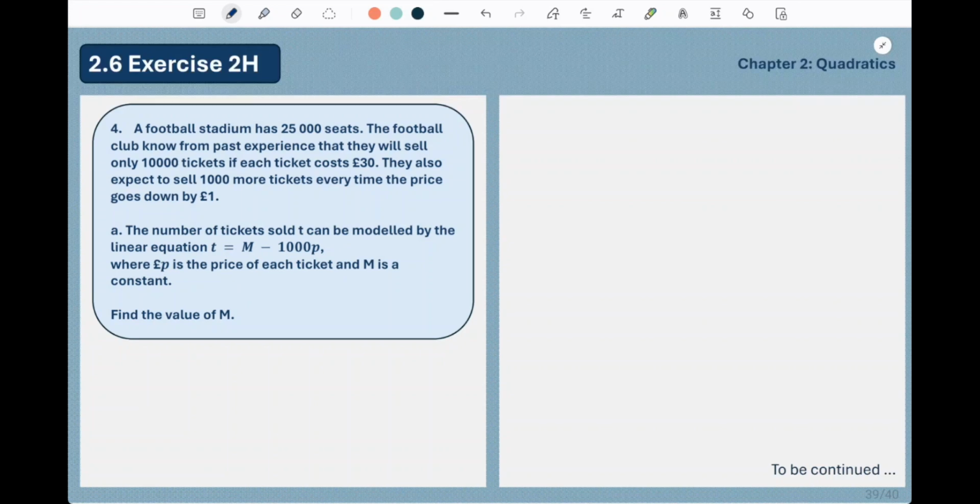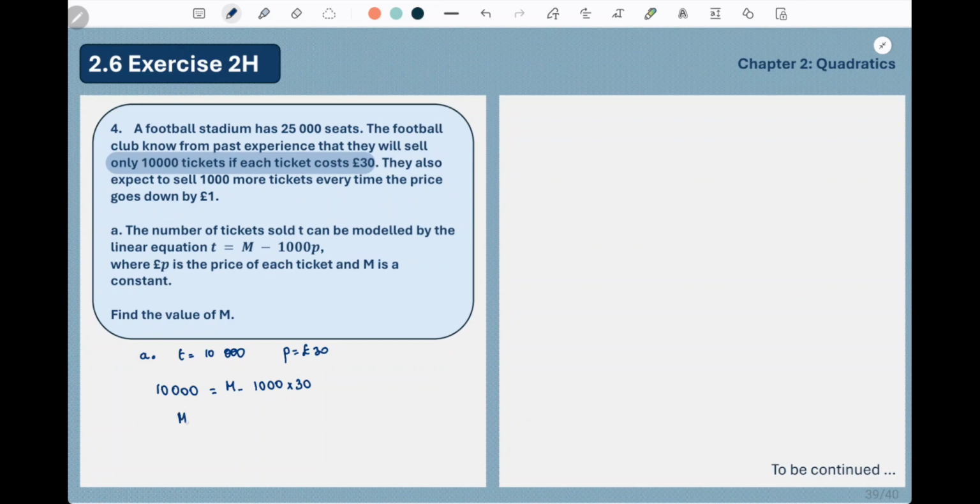There's important information to note here: given this linear equation, this piece of information must be satisfied. So I think a simple substitution will find m for us. For T equal to 10,000 and p equal to £30, we will find m. So 10,000 equals m minus 1,000 times 30.